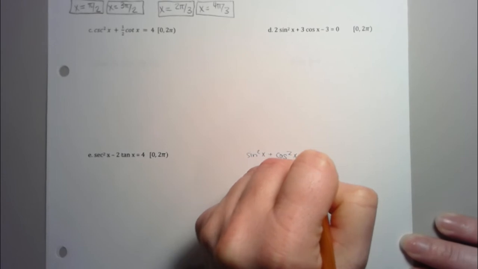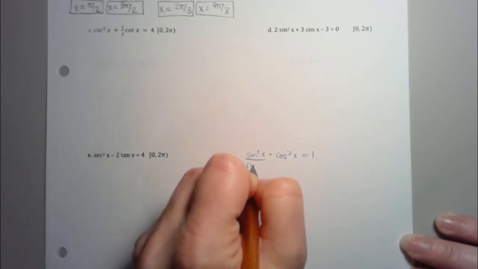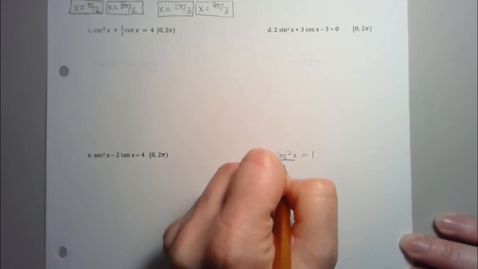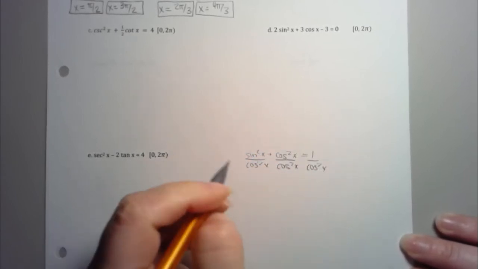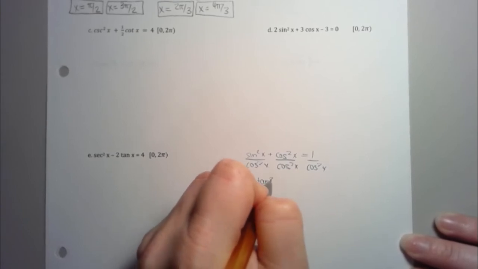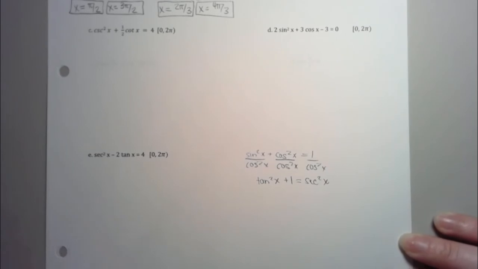You might know these. I told you I do not. So if I divide everything by cosine, we'd have tan squared plus 1 equals secant squared.